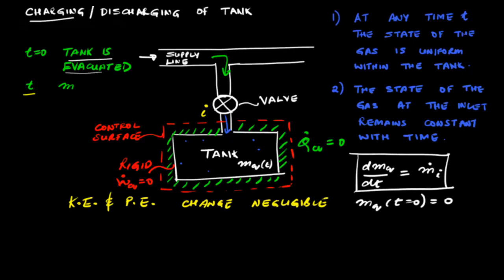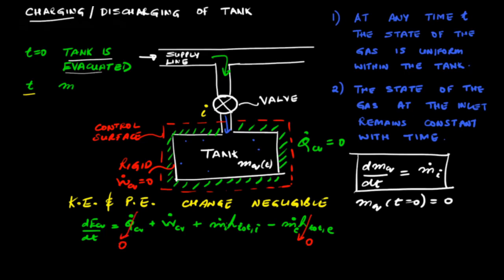Next, let's apply the first law to a control volume. Recall that the first law in a general form for a single inlet and exit is given by this equation. Now, in our case, there is no mass flow out of this control volume, so this term is 0.